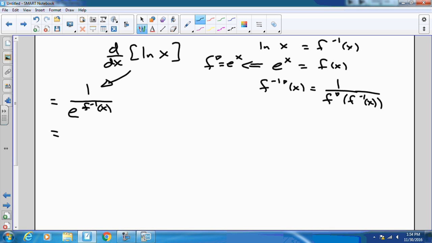But what is f inverse? It is natural log x. And what is e to the natural log of x? It is x, so we have 1 over x. Yep. So what we find is that the derivative of natural log x is simply 1 over x. Which is profound and kind of cool.